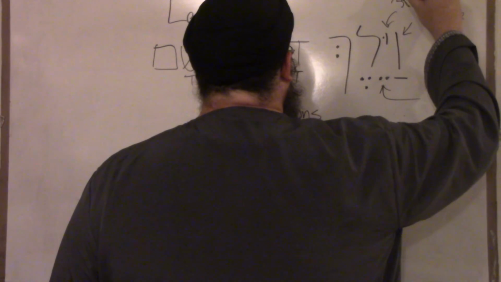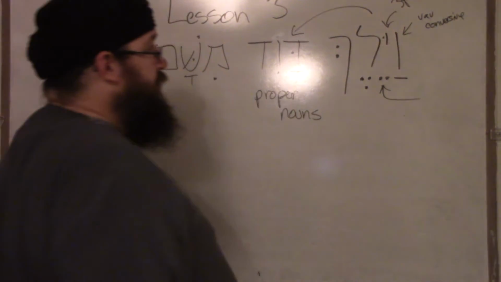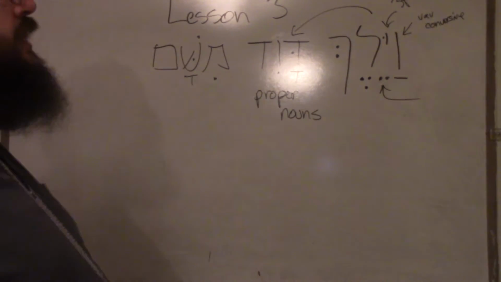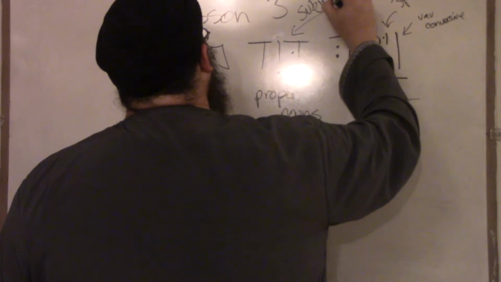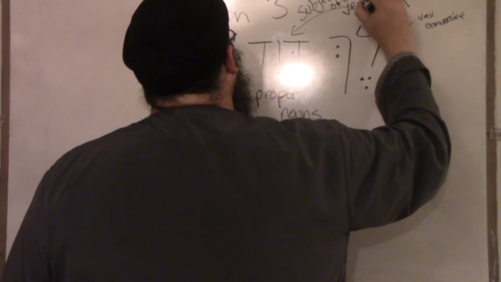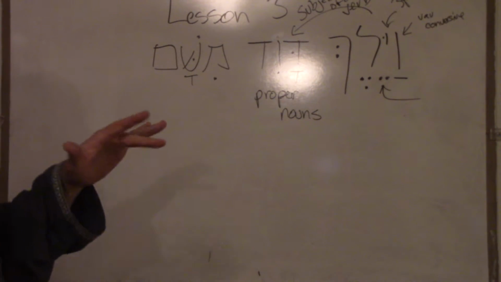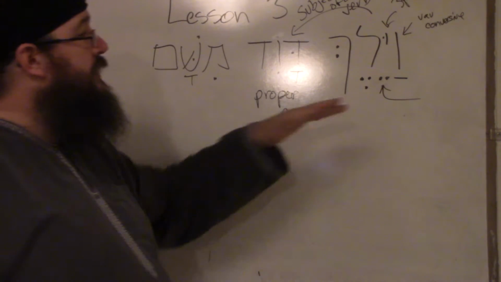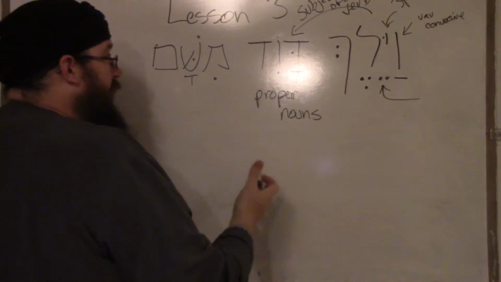If this is third person, and you find that this noun over here is third person, voila, now you have the subject of the verb. So here we have the subject of our verb. David is the one who is doing the action. So now I say, vayelech David, David went.